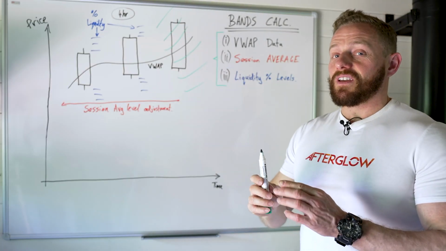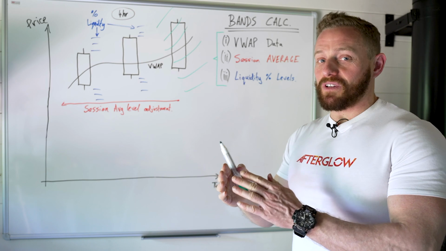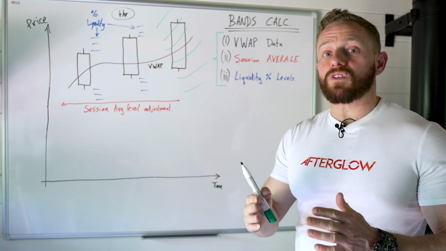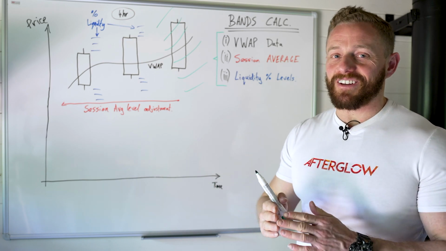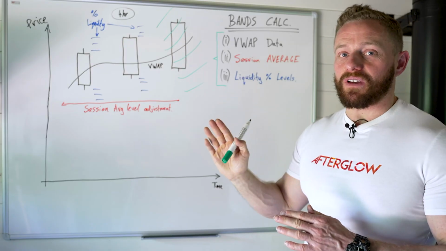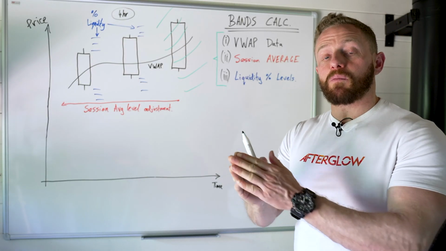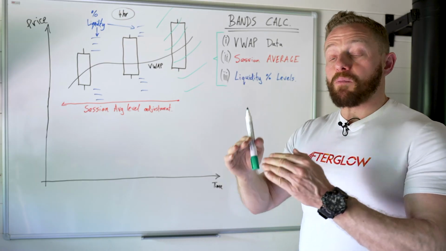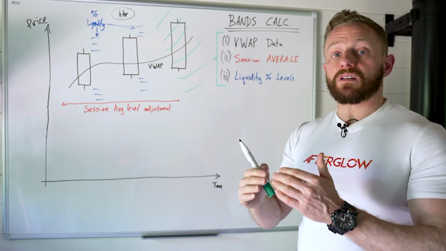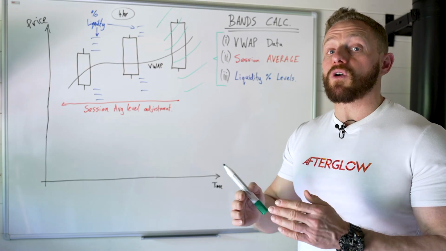Now, I can't give a simple example on the calculation, or this would turn into a mathematics lecture, because it is quite complex. But intuitively, you can see why in the bands mode, the bands will shift around depending which time frame chart you're on.